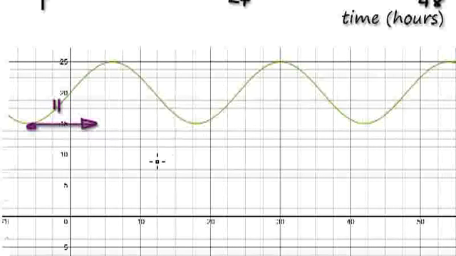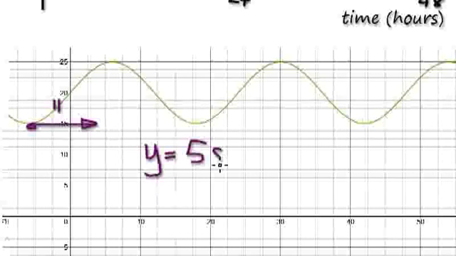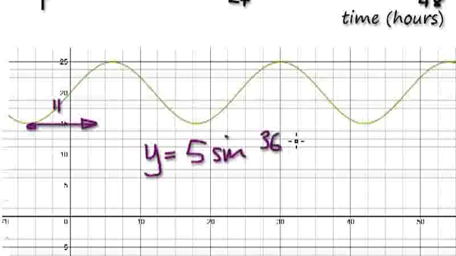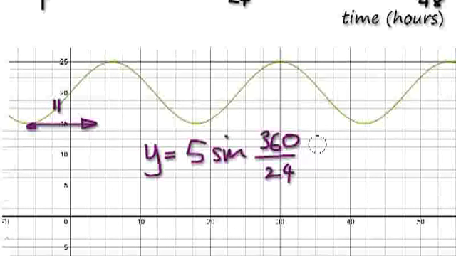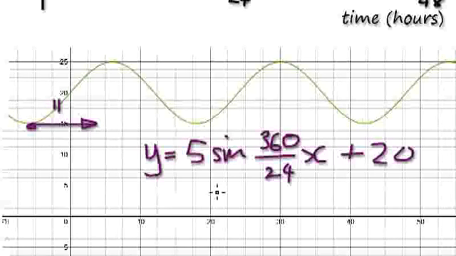So looking at the green graph at the moment, it is y equals 5 sine of 360 over 24 x, sorry, 24x, and then plus 20 earlier to move it up by 20. But now we want to move it across by 11.